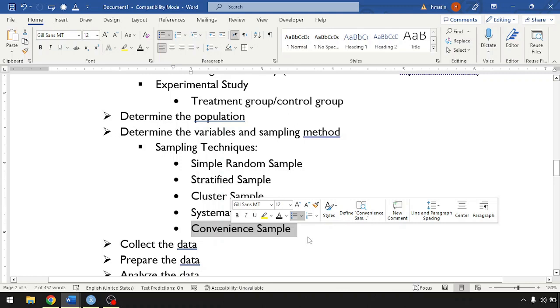Let's say we were to measure people's happiness, and instead of clustering the geography of our sample into five different places where we could pick up samples from random people across all sectors and all states of health, we go to a diabetic center and measure happiness there, which is a convenient type of sampling.